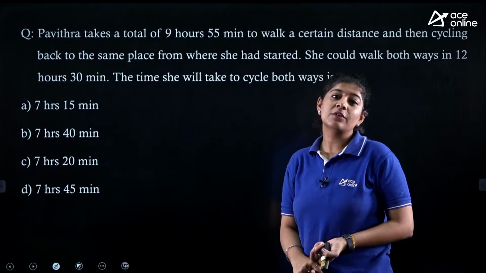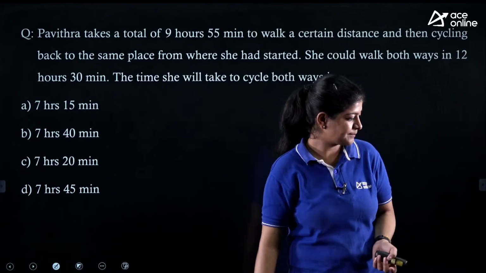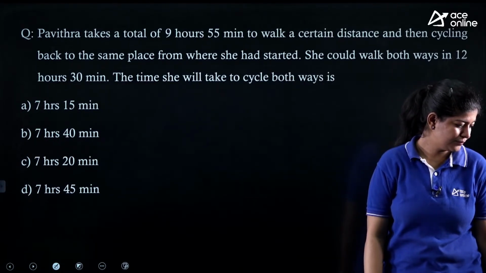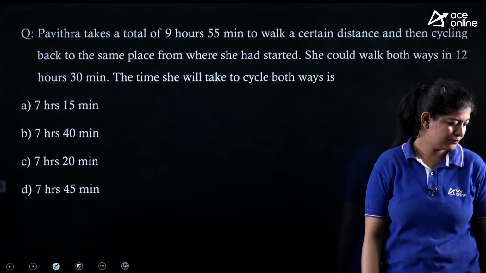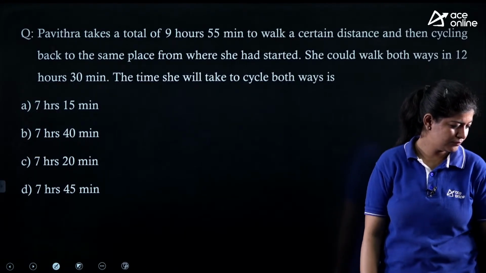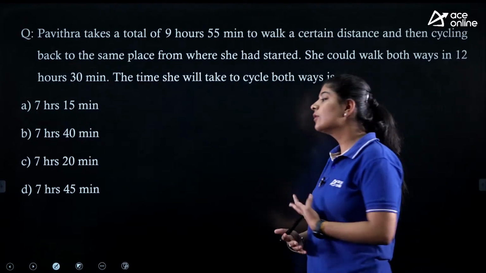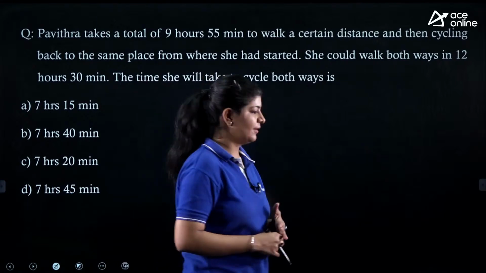Now, we need to find out if she cycles both ways, how much time she will take. Again, it's a very simple one. All you need to do is simply create a small equation and you will get the answer.